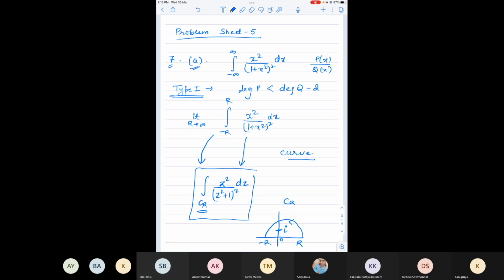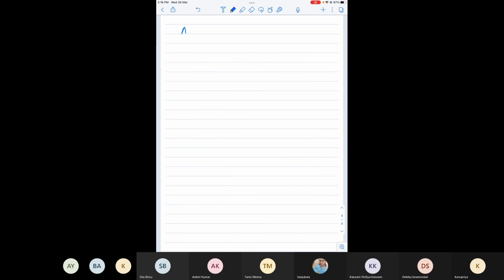So you can apply the residue theorem here, to get the residue of this function at iota. Now how to calculate this residue? You can write it as z plus iota whole square on z minus iota whole square.